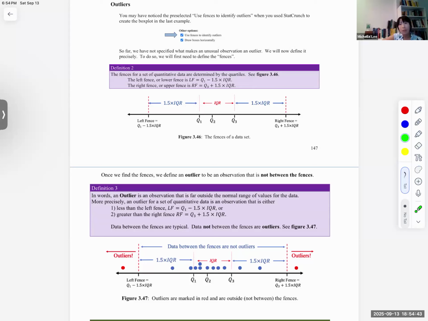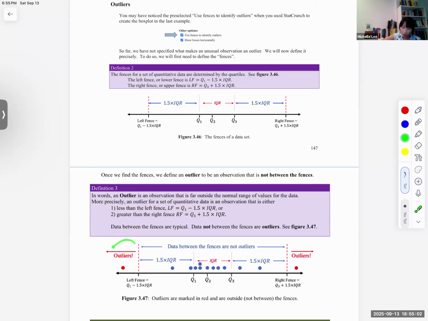All right. Then how do we determine outliers? The definition of outliers is data far away from the other data, right?